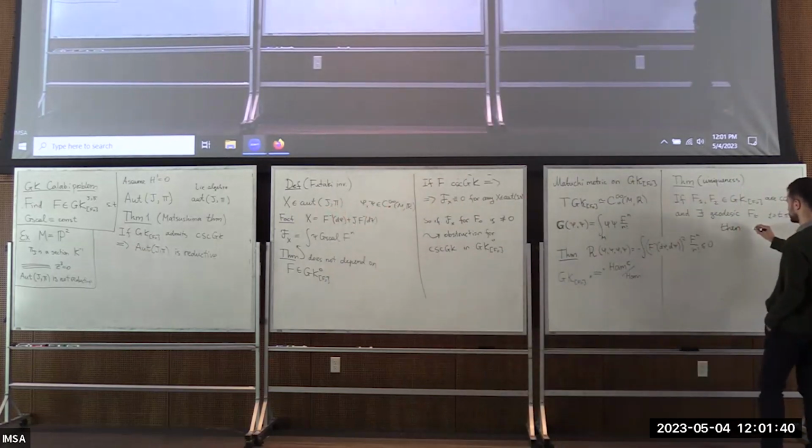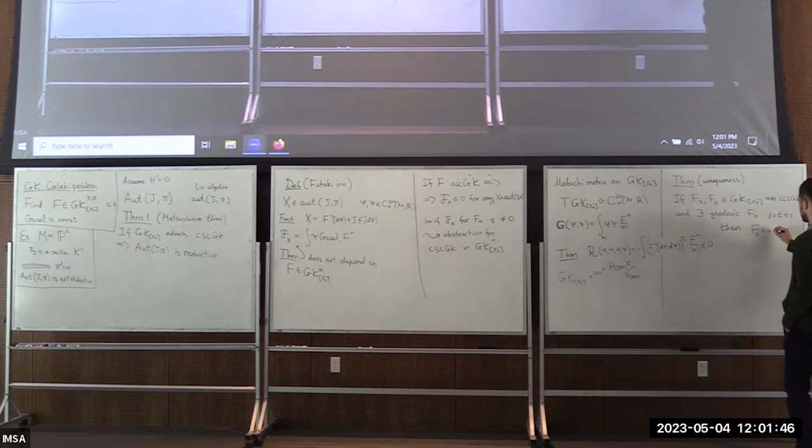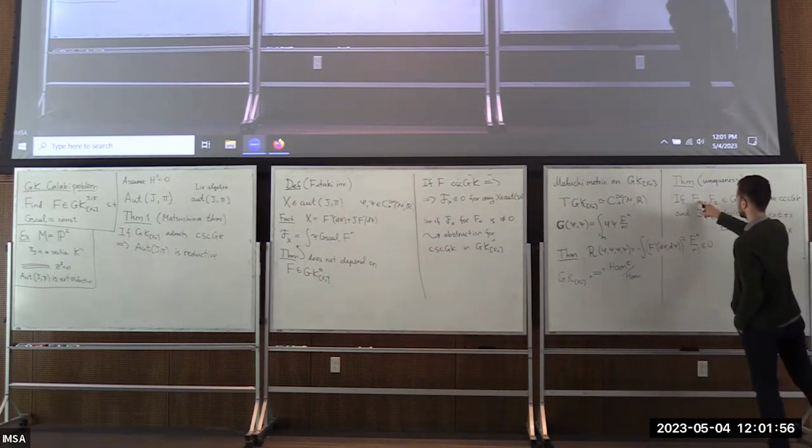Then the geodesic is the exponent of some vector field. I'm now regretting that I chose 1 and 2; I should have chosen 0 and 1 here.